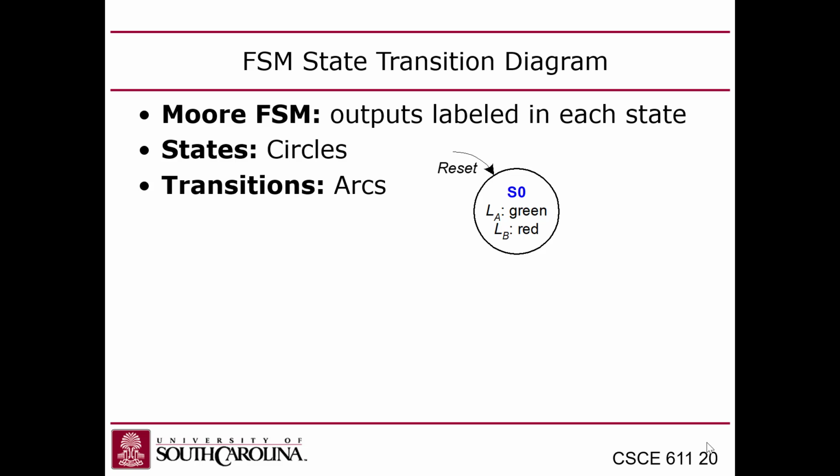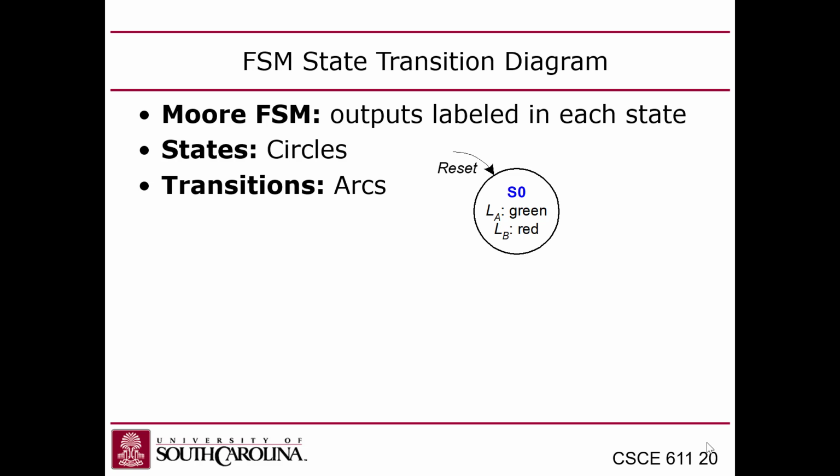So an FSM is designed with states, which are shown as circles, bubbles, and arcs that represent transitions between states. So we're always in a particular state.